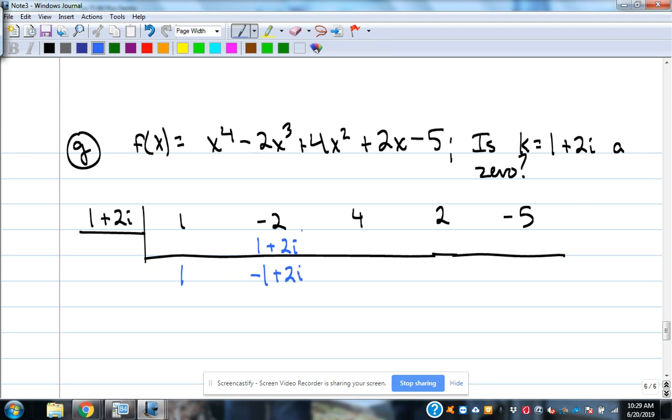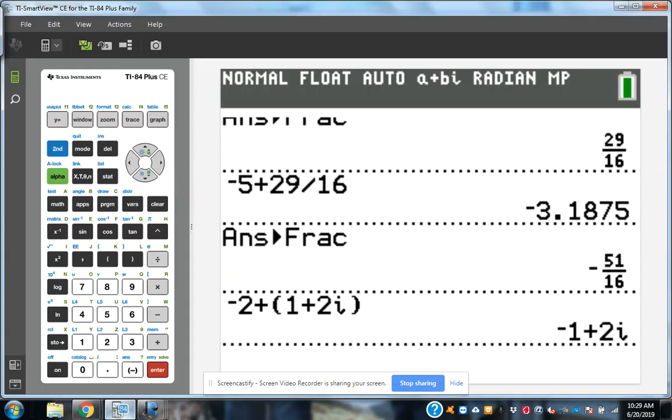This is where the calculator really gets handy, being able to multiply these complex numbers together. Okay? So we have 1 plus 2i times a negative 1 plus 2i. On my calculator, I'll put 1 plus 2, second decimal point for the i.